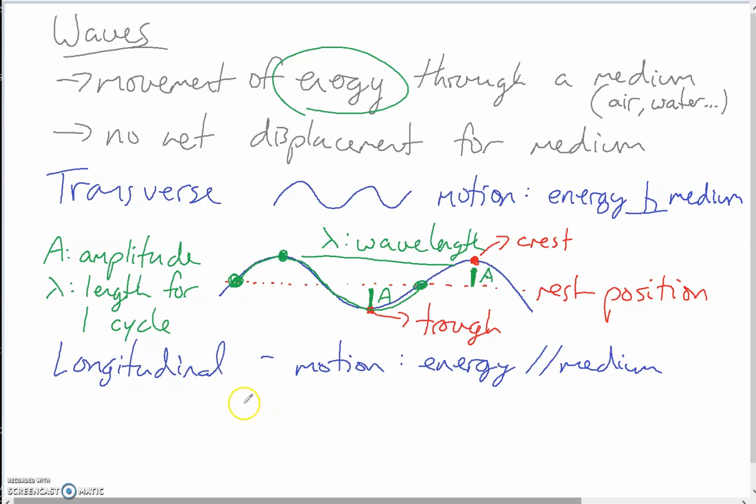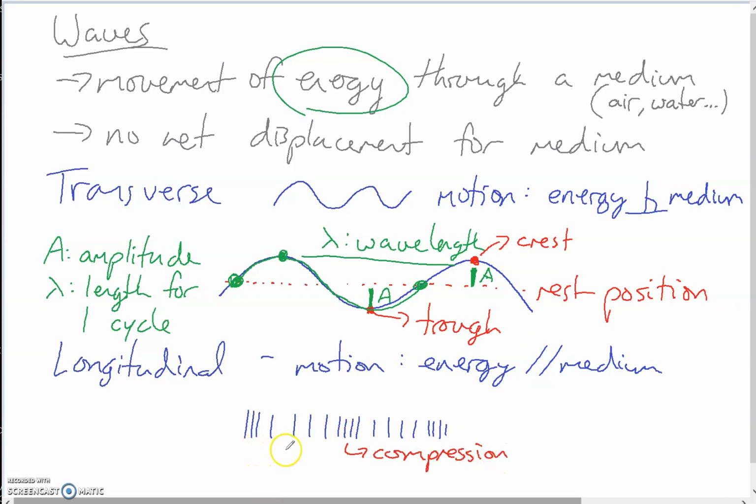Now, it's a little bit different to draw, but we can sketch it out. There are certain areas where the material is squished together, and then it spreads out, and then it squishes together, and then spreads out again, and keeps on going. We don't have crests and troughs for these types of waves. In the areas where it is squished together, that is called a compression.